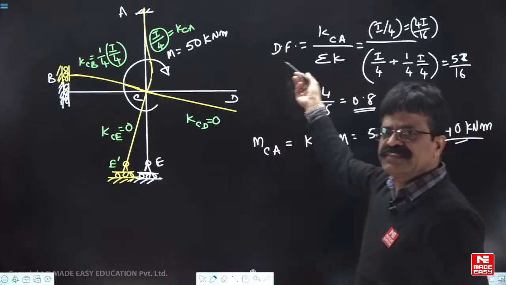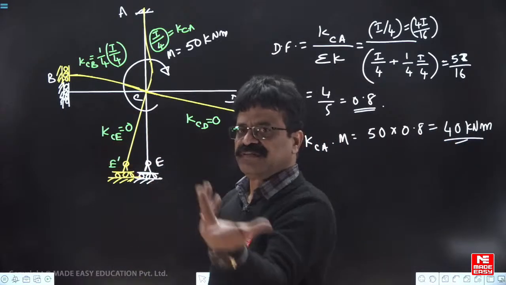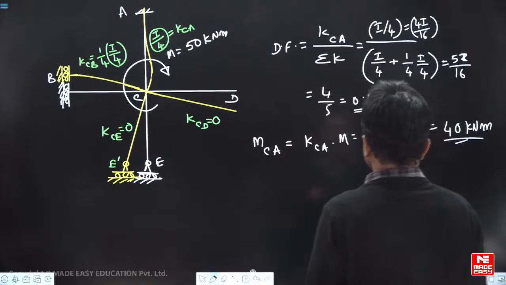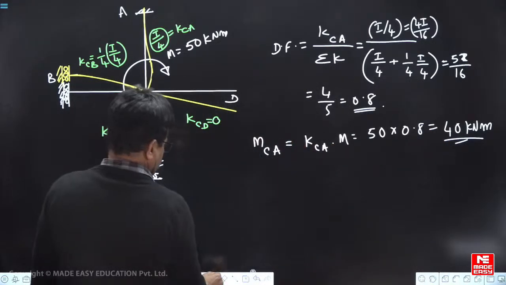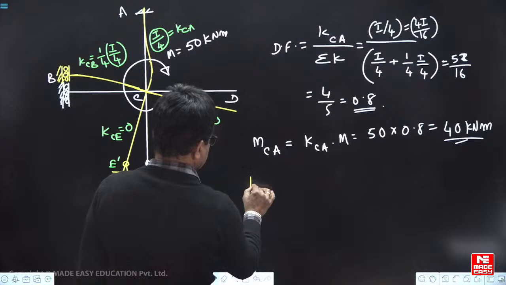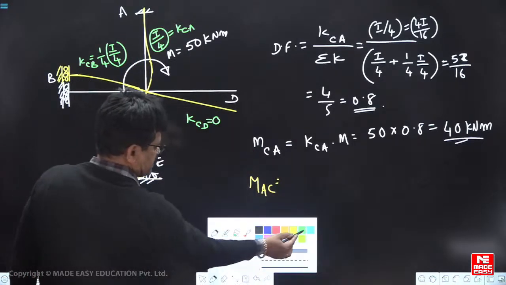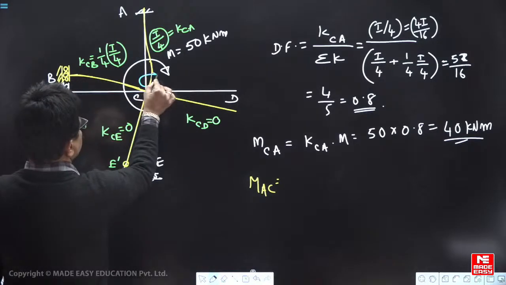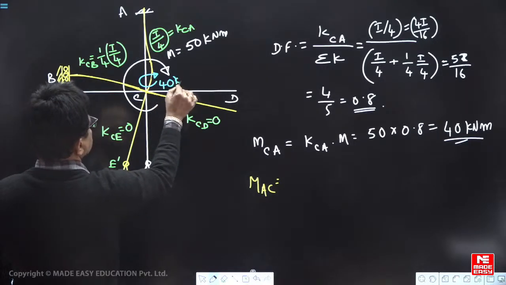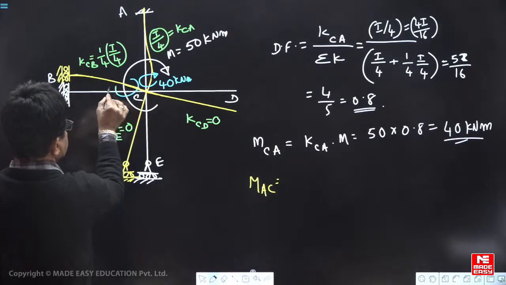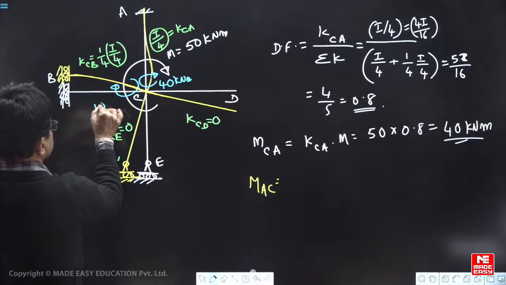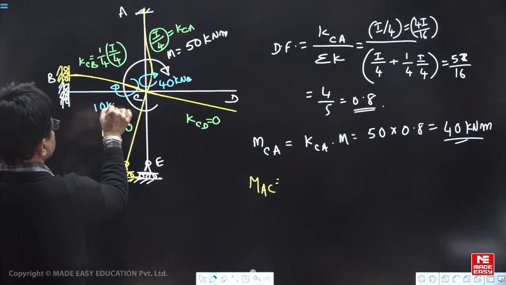Either you can do it like this or draw the table. Our choice. Moment at CA, then carryover moment MAC. Here in this case, this fellow has taken 40 out of 50, and this is taking 10. 50 into 0.2 is 10.